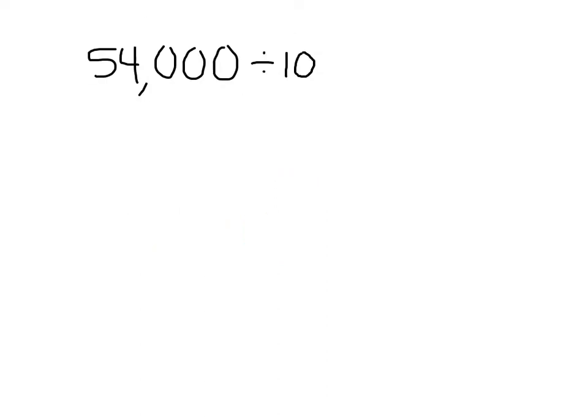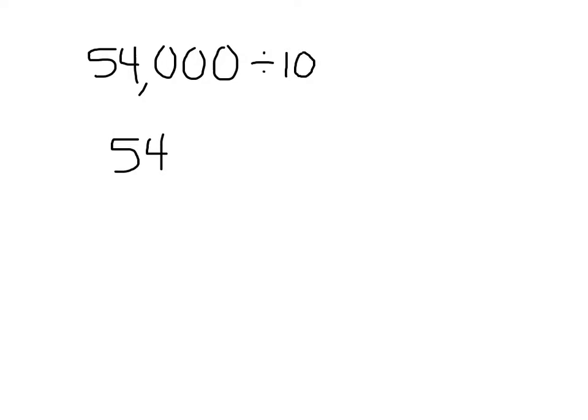So for our next problem, I have 54,000 divided by 10. And if you can picture in your mind that place value chart, to make all of these 10 times smaller, they need to go one place to the right. So the 10,000s is going to become 5,000. The 4,000 is going to become 400.